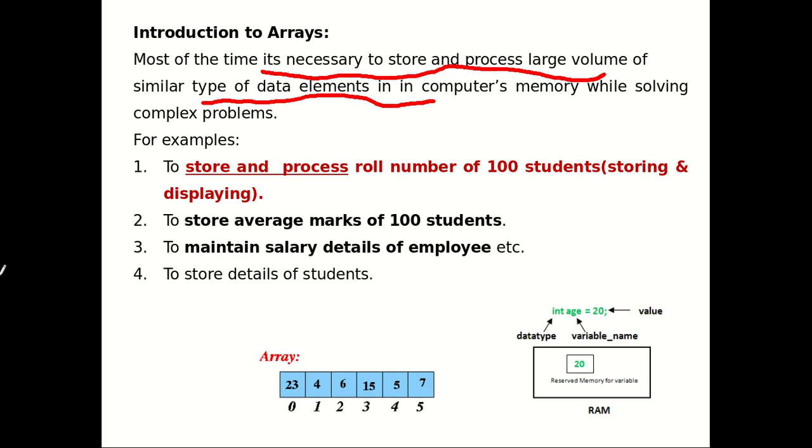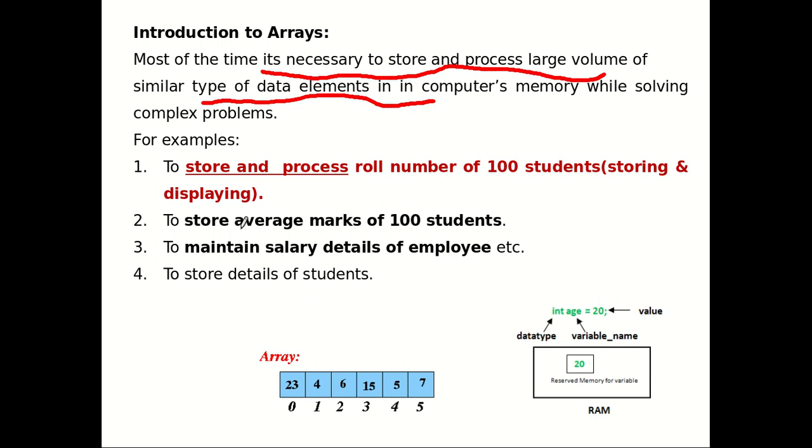This can be achieved with the help of array, it will be very easy to handle such data. Another example, assume I want to store average marks scored by 100 students. So the average marks is of the same type, similar data.